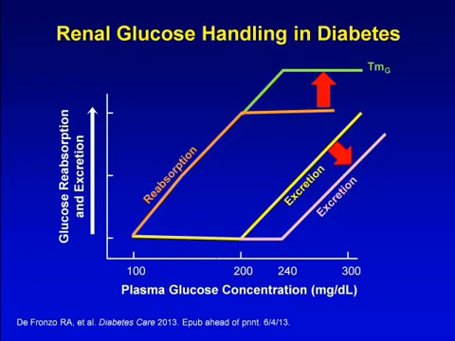So the ability of the kidney to retain glucose is largely increased. The tubular maximum of glucose reabsorption is highly increased in diabetes. This causes a worsening of the high blood sugar, or the plasma glucose concentration. It prevents excess glucose from being excreted.